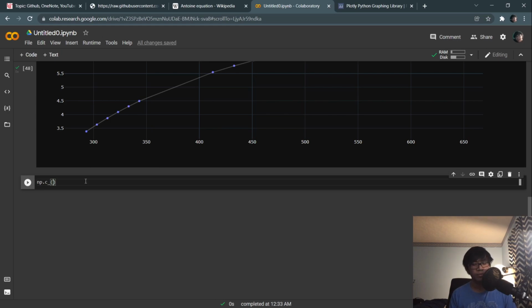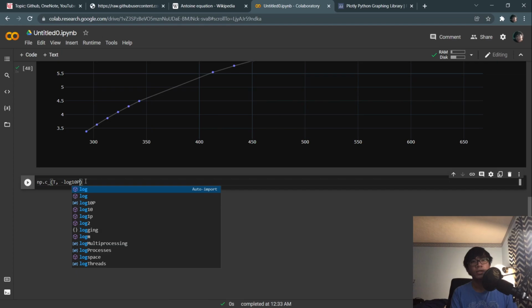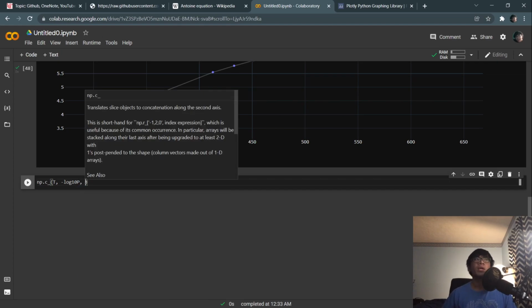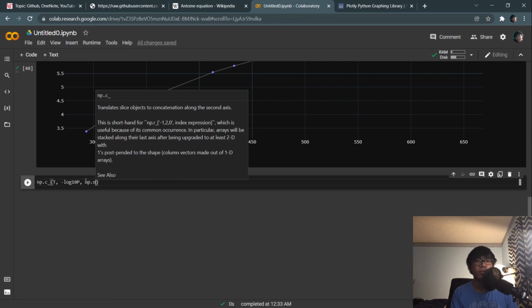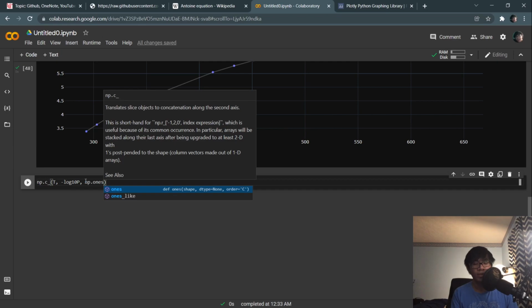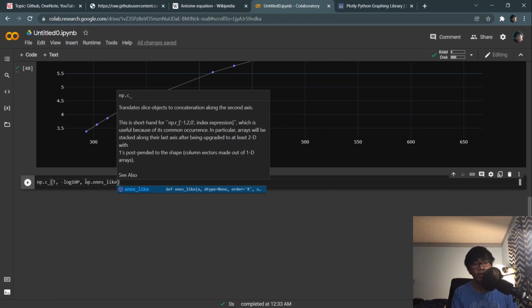So we're going to concatenate an array with our values. I believe it is temperature, go back, temperature, negative log 10 of p, and our ones. So we're going to do something called np.ones_like t.